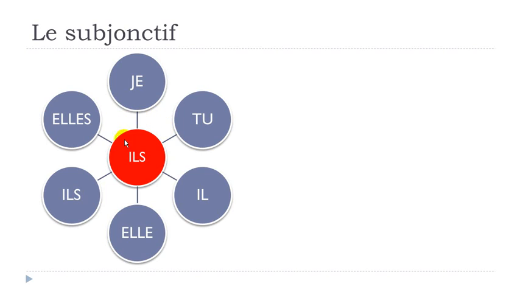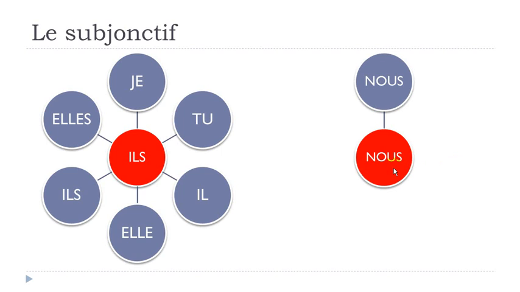So the form of your verb in the present, at the third person plural, will help you to construct the subjunctive form for all these persons. And that's the difficulty because for nous and vous, you will have to use the nous form of the present to construct nous and vous.